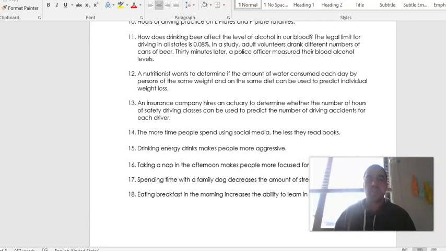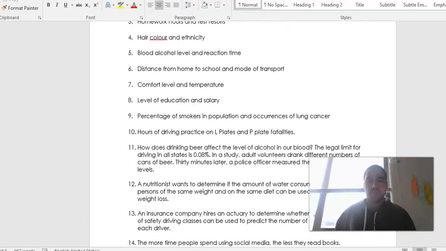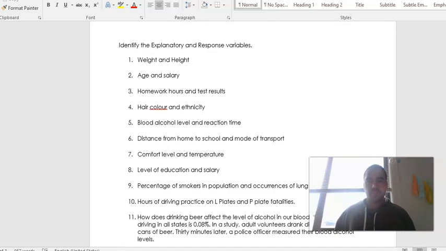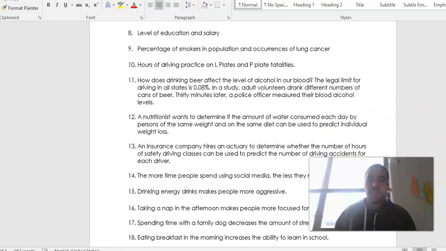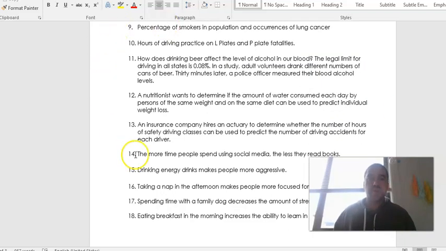Yeah, 18 questions. The first 10 are pretty much giving you what the variables are, but then afterwards, you have to extract which one is the EV and which one is the RV based on the context.